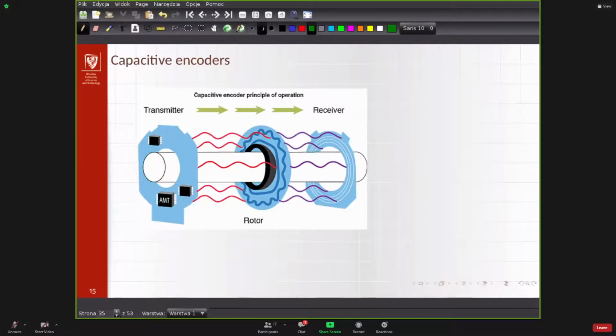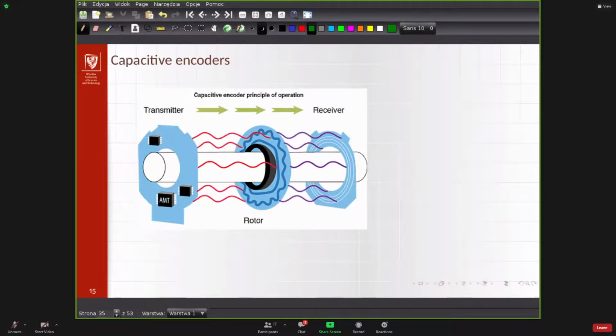You could see that those are printed tracks of different shapes, so that the rotation of the middle part causes a different capacity of the whole structure, and the change of the capacity can be interpreted as a precise absolute angle of the rotation.